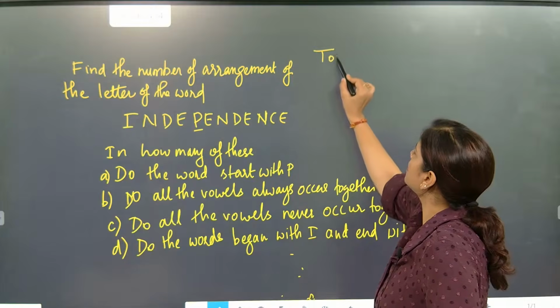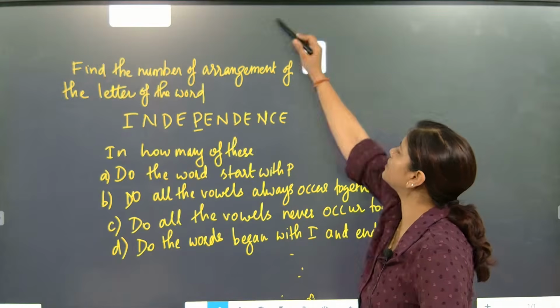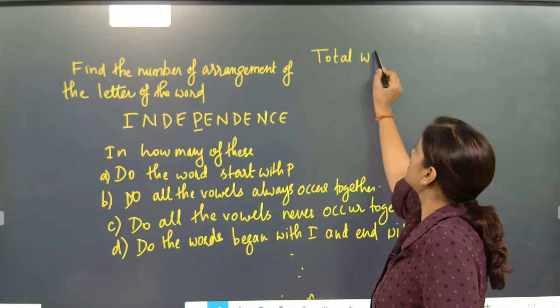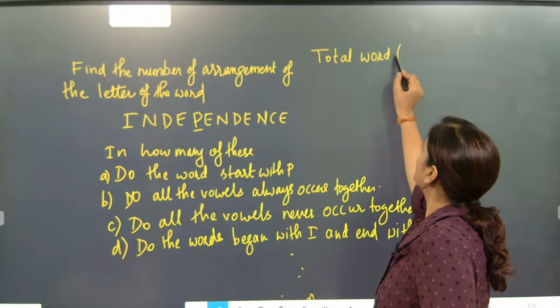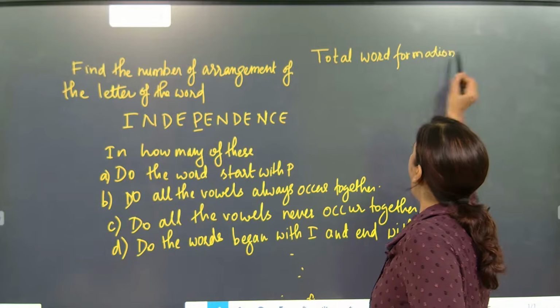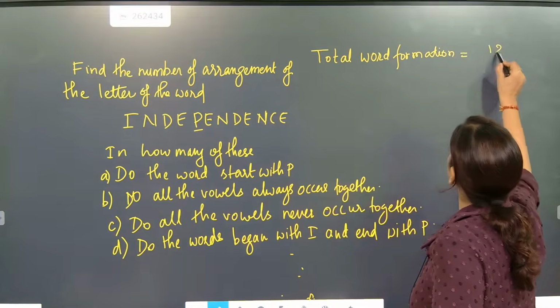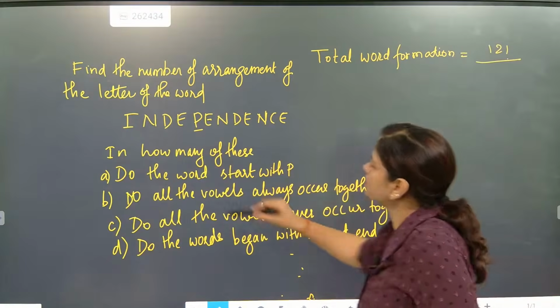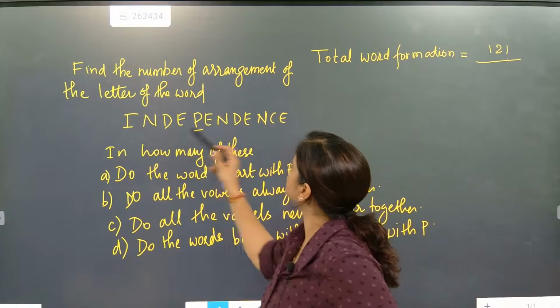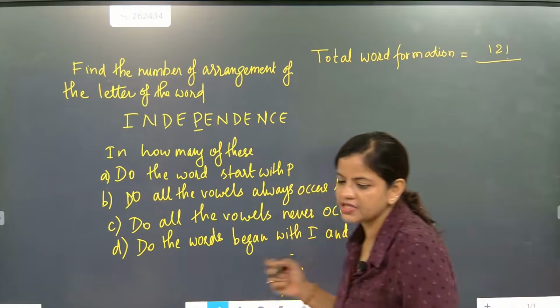Total word formation is 12 factorial. I is coming how many times? One time. N is coming how many times? Three times, so it is 3 factorial.